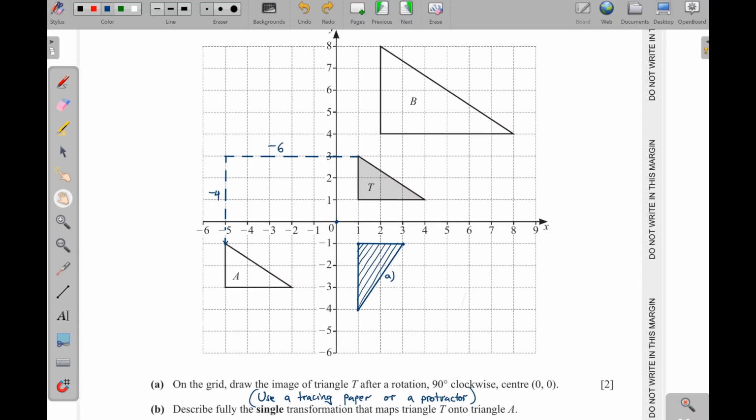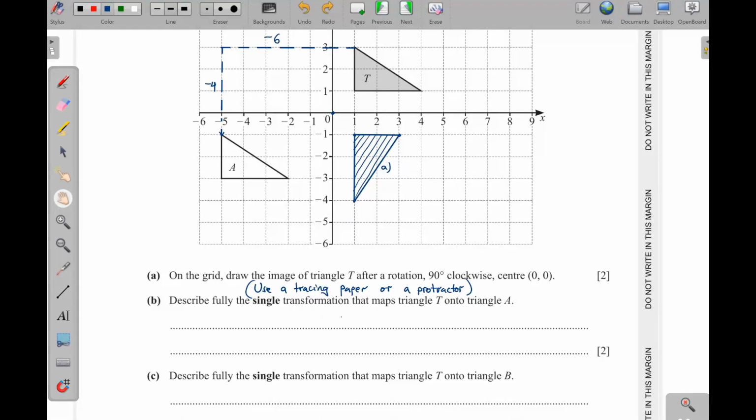When we move up, it's a positive. So here I would say this is a translation. That is the first mark, translation by vector. The vector is going to be -6, -4, like that. So you have one mark here and then another mark there.